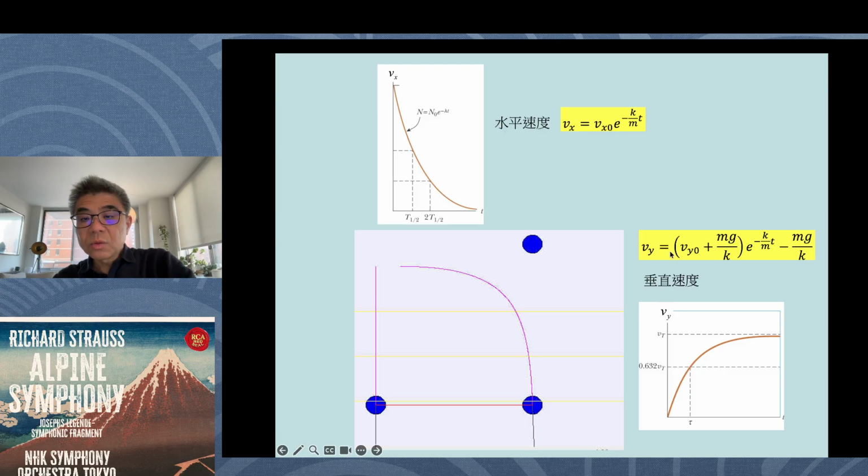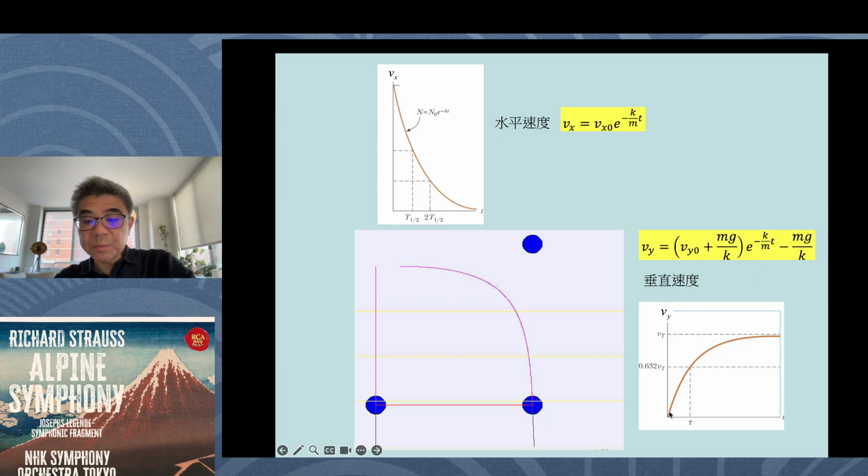Okay, so with negative here and positive here, then when this first term becomes smaller and smaller, the speed will become larger and larger like this. And you will see very clearly that when t goes to infinity, this term becomes 0.